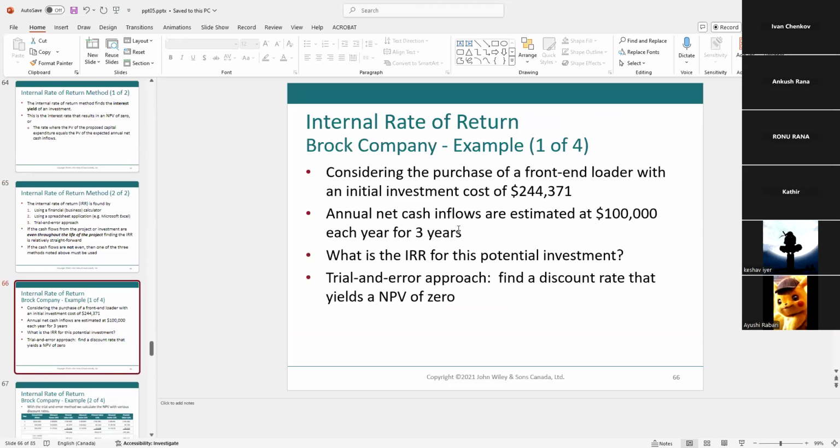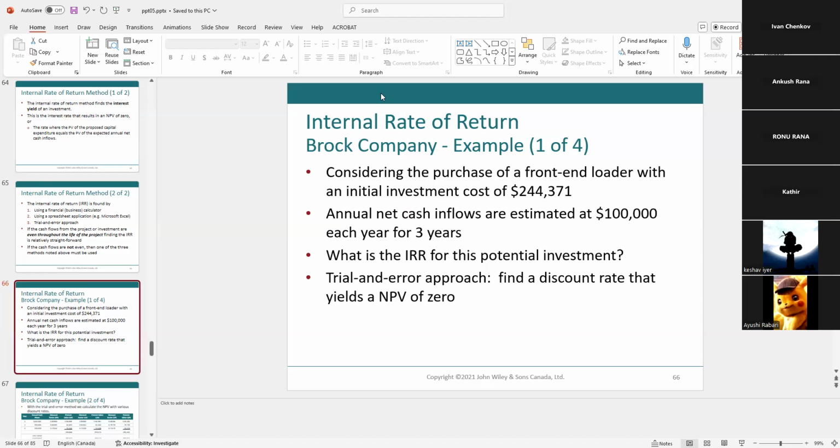Now, consider the purchase of a front-end loader with an initial investment cost of that much. Annual net cash inflows are estimated at $100,000 over 3 years. What's the internal rate of return for this potential investment? Find the discount rate that yields a net present value of zero.